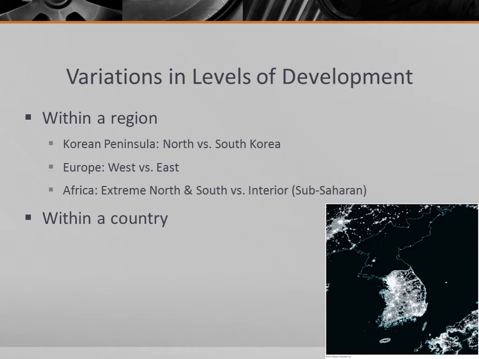Are there regions of the United States that are more developed, and are there regions that are less developed? How might we evaluate that? How might we measure that? What does that mean for the people living there? Those are really good questions. So I want you to think about that and come up with a brainstorm. What are some of the regions that you think are more developed and less developed within the United States? And then we'll move on.